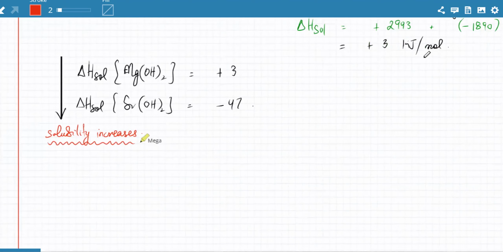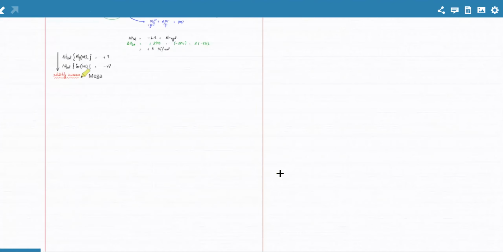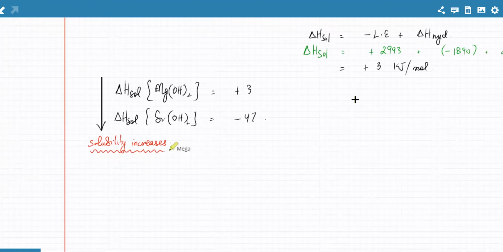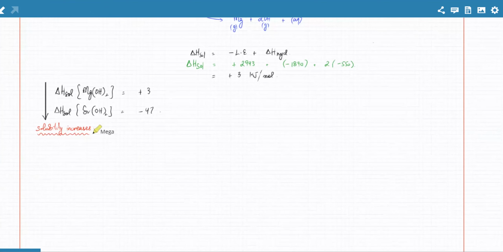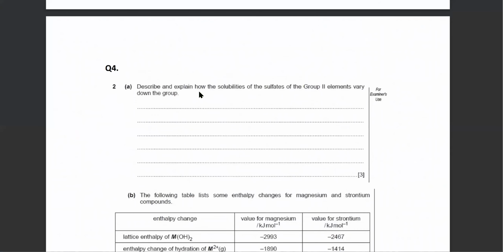Now, a very similar question that usually appears. One of the questions is as simple as this one. Okay, you just need to know what the thermocycle or Hess cycle is. And there's a very typical question that often comes. And even in this question, whenever they talk about enthalpy of solution, you usually get this 3 or 4 mark question, which is describe how the solubilities of the sulfates vary down the group.